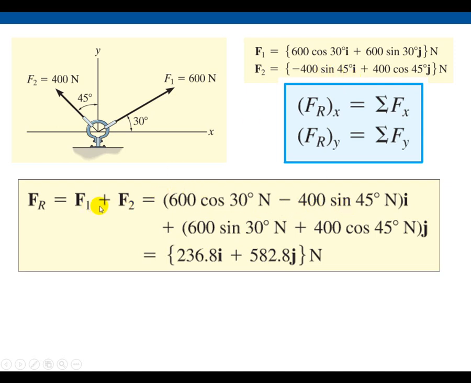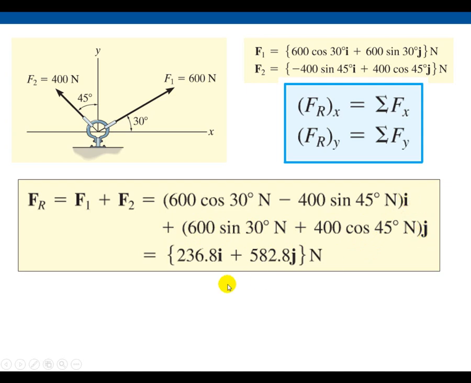Actually, this one is not just F1. This is a summation of the x component of F1 and the x component of F2. And this one is the y component of F1 and the y component of F2. So you can see that this is summation separately for i component and j component.